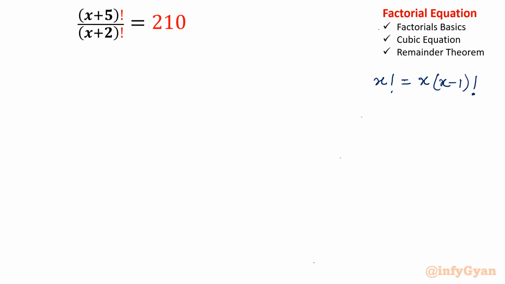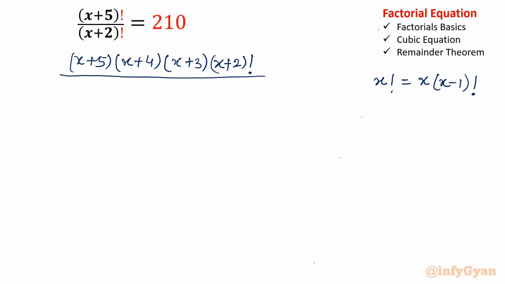So I will write (x+5)(x+4)(x+3) into (x+2)! divided by (x+2)!. Now this term will get cancelled out. Right hand side is 210.